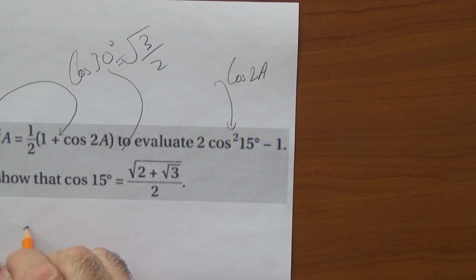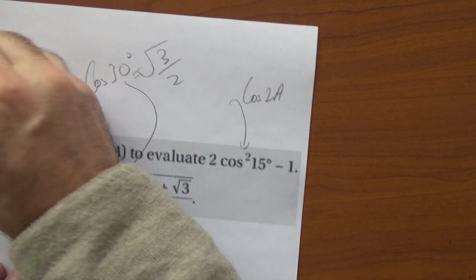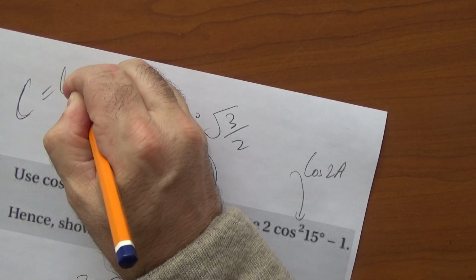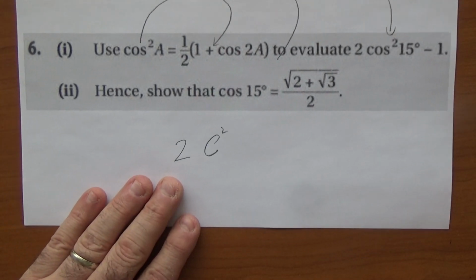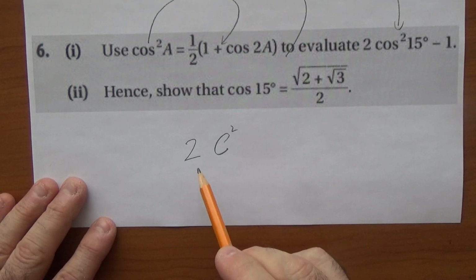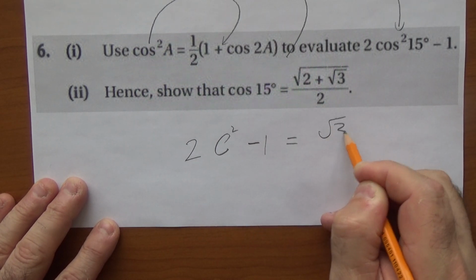So we have 2, let's just call that c squared, where c equals the cos of 15 degrees. Otherwise we'd go mad with our algebra. So 2c squared minus 1 is equal to root 3 over 2.